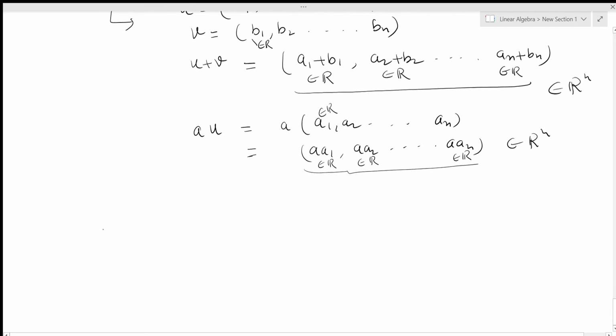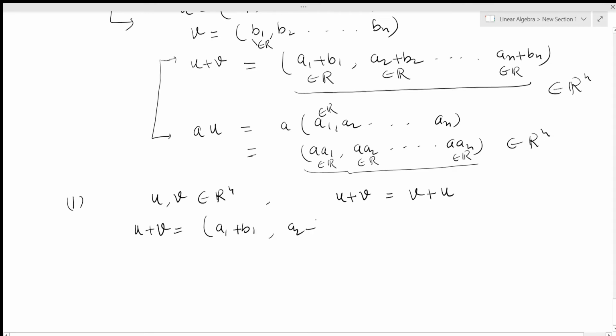Now these two are the conditions for a vector space, and the following 8 properties must be satisfied. The first one is commutative addition, that is, if u and v belong to Rn, then we have to show that u plus v is equal to v plus u. Then we start with the left hand side, that is u plus v. u plus v is (a1 plus b1, a2 plus b2, and so on, an plus bn).